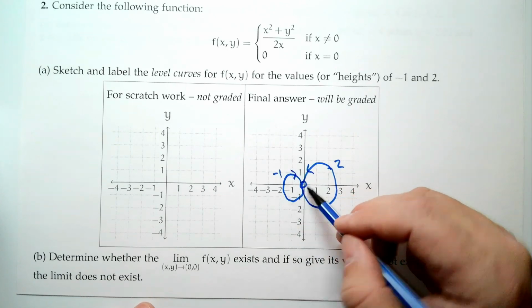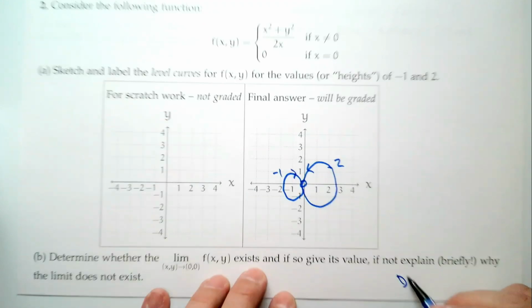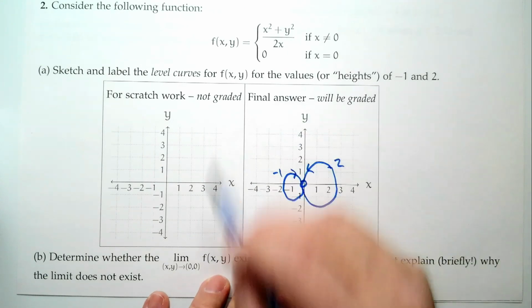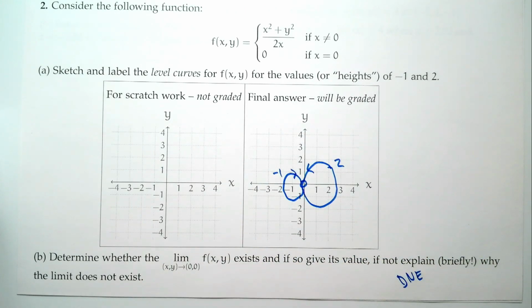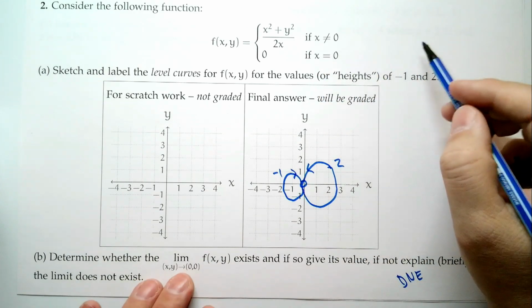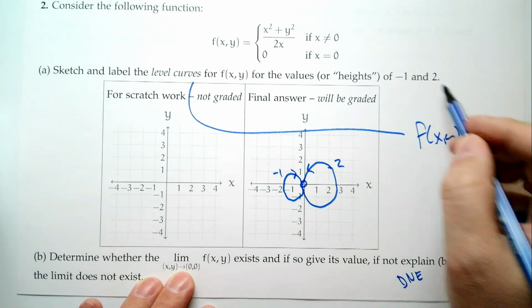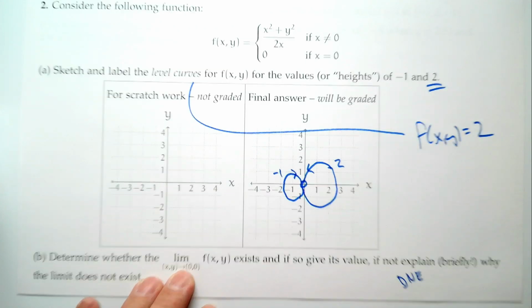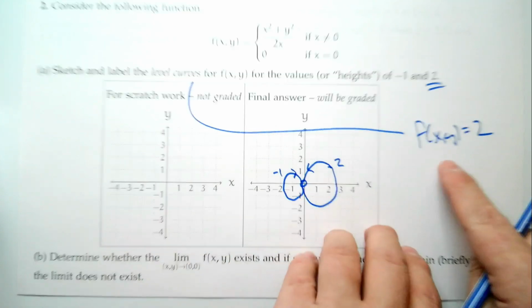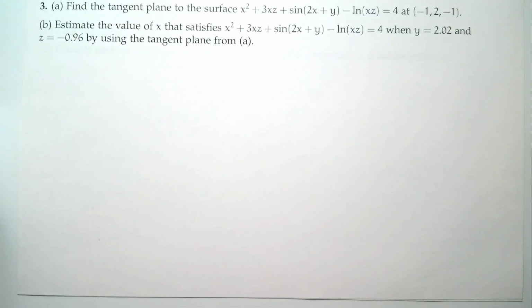As you approach along that circle, it's negative 1. So it doesn't exist. But okay, be ready to sketch the level curve. So if you see anything like level curves, what does that mean? Level curves is set the function equal to a number. So it's 2. And then you say, okay, this is a curve in the xy plane, and you sketch it.